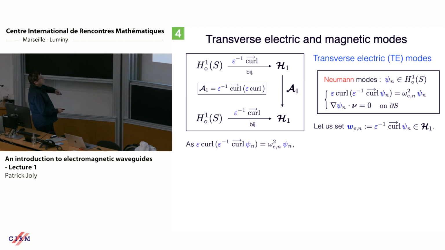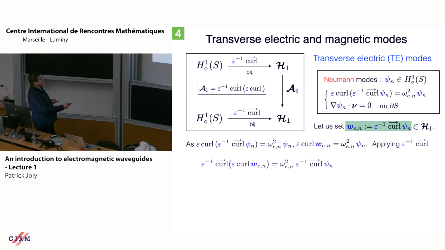And I claim that it will give an eigenfunction of the vector operator A1, because since you have that, it means that by definition of W, you have that. And if you apply again the epsilon minus 1 curl to this equality, you get this. But by definition, this is exactly omega squared UN. Okay.